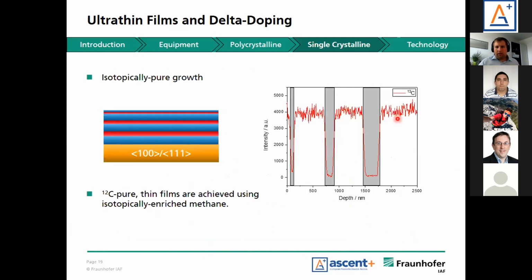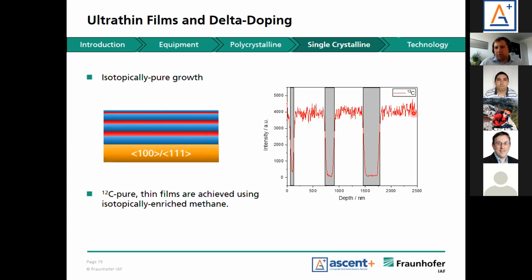And as I mentioned, we have a special reactor that allows us to grow nanoscale thicknesses and isotopically enriched layers. So what you see here is a diamond that is overgrown in alternating ways, first with an intrinsic standard layer, then, for example, an isotopically enriched nitrogen doped layer, and then again intrinsic, and so on.